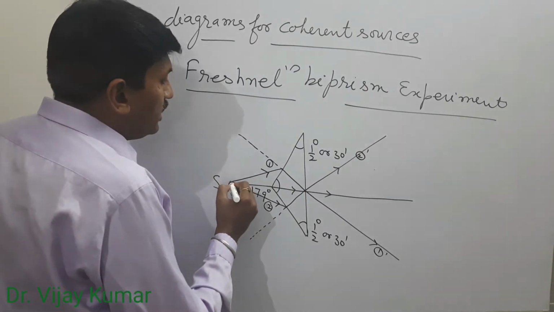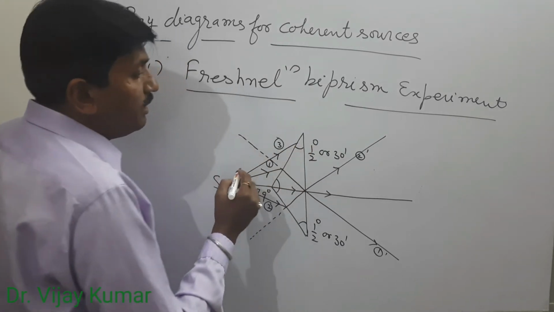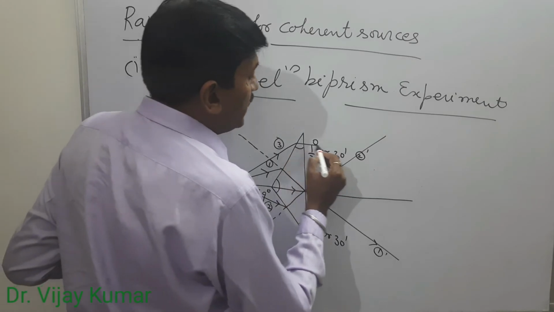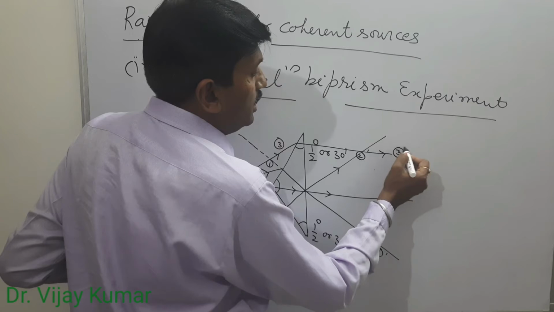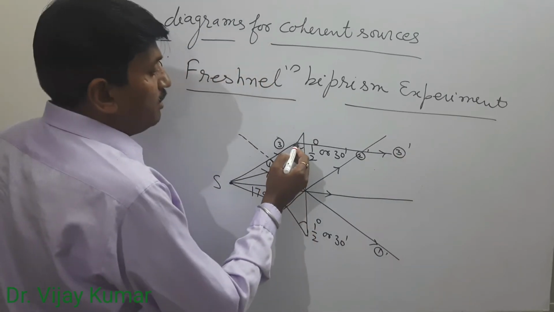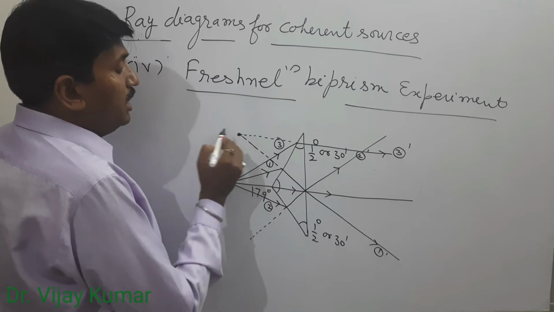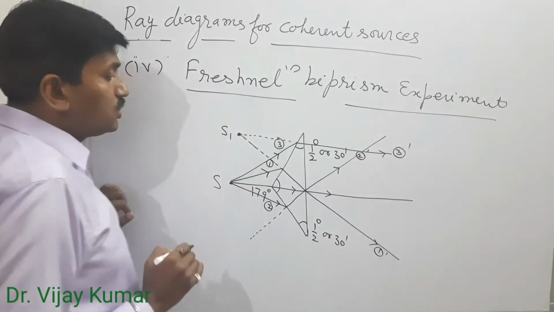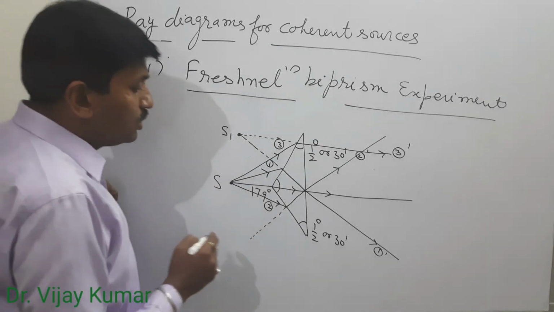And similarly, we can take a third incident ray, and it is refracted just like this. It should be the third refracted ray, and we can extend it in the reverse direction. This is the intersection, and it should be a virtual source, a virtual image of this object source.